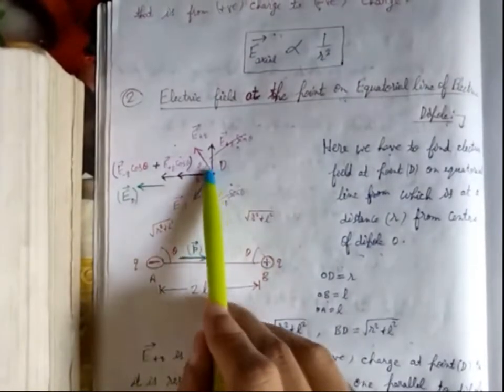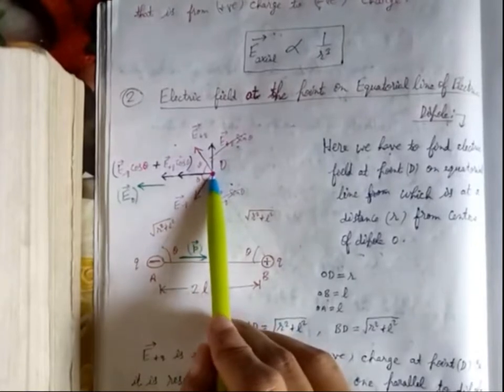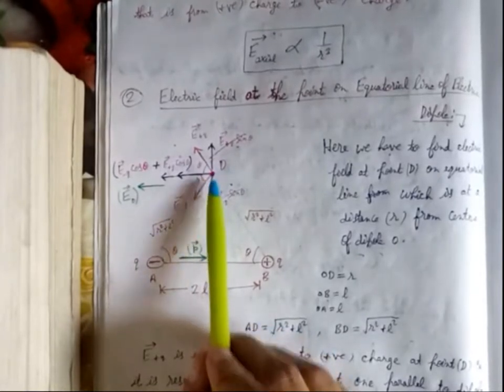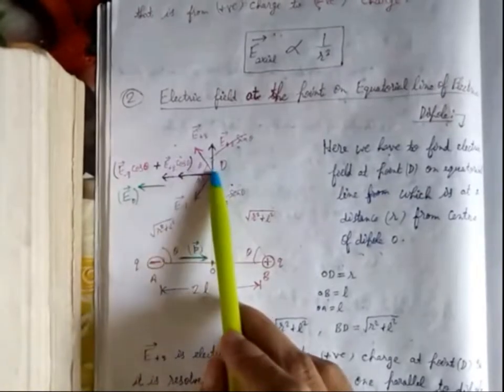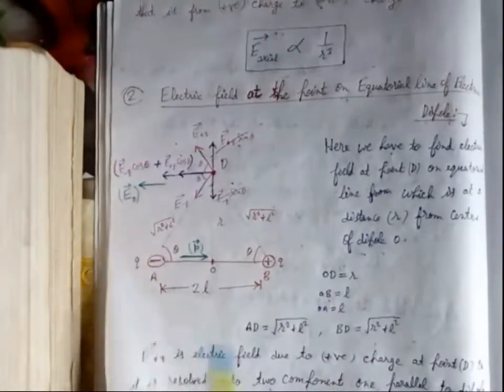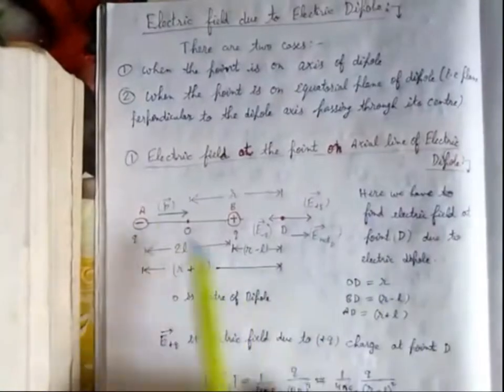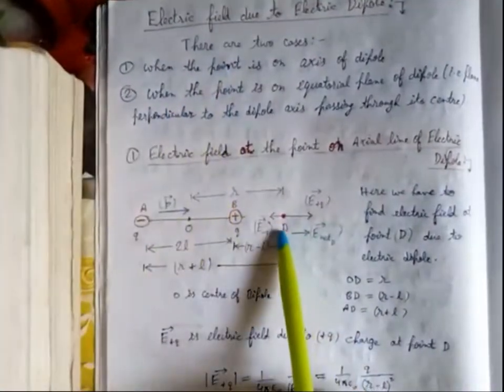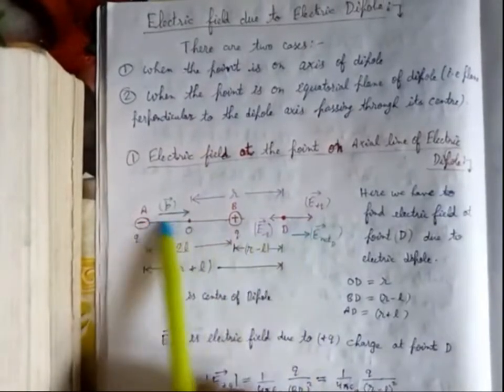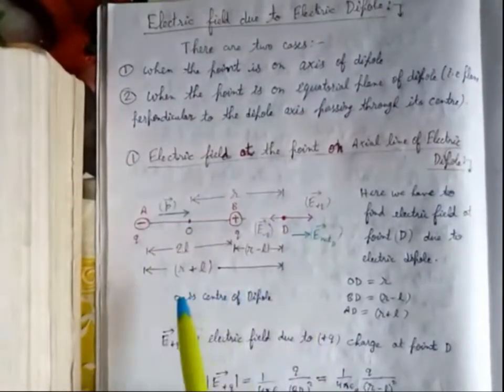So this point D is known as the equatorial point for the electric dipole. So this is the second case. So we have to do the derivation for both the cases. First, when the point is at the axial line of the electric dipole.